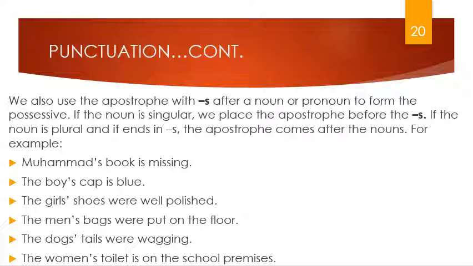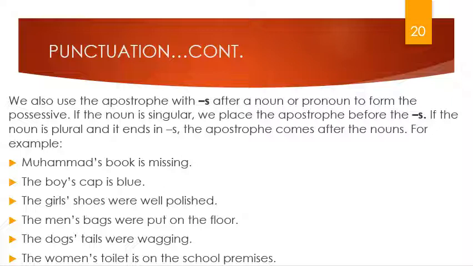For example, Muhammad's book is missing. That is to show that the book that belongs to Muhammad is missing. An apostrophe is used between Muhammad and S. The boy's cap is blue. The girl's shoes were well polished.